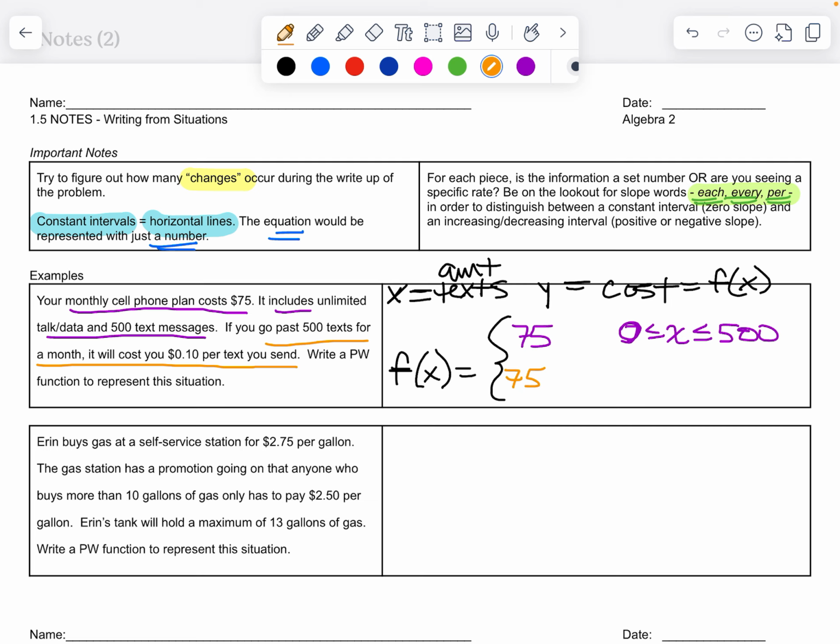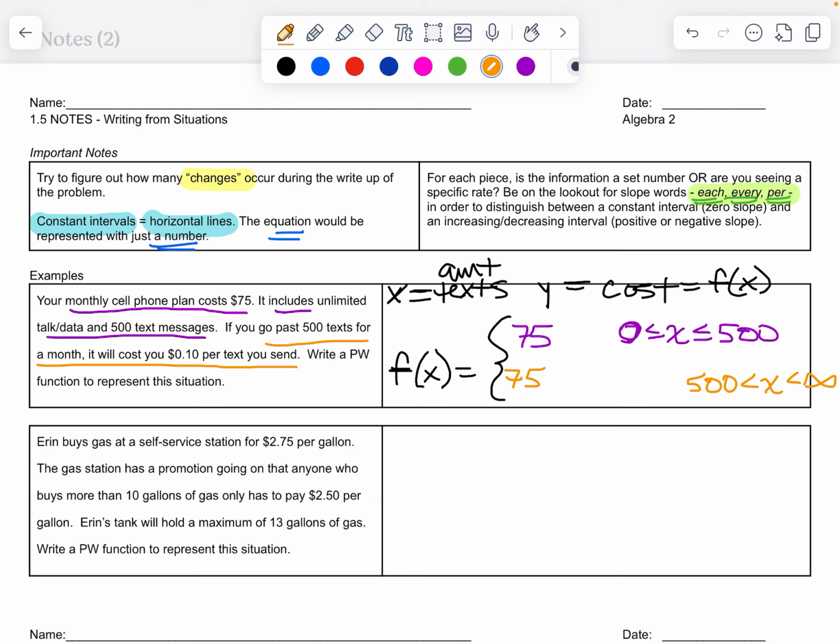There's really no way of going past infinity in this scenario, but this would cover me pretty much all the way up to whatever amount of text messages you desire to send. So in terms of this interval, what's the number past 500? It's 501. Nobody's sending half of a text message.